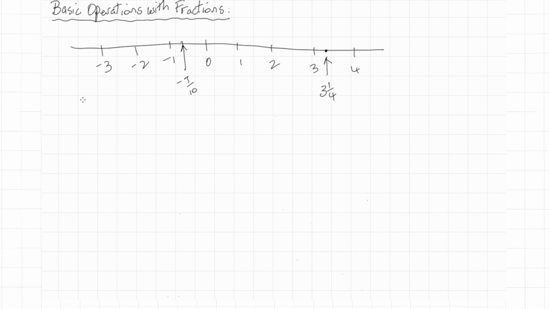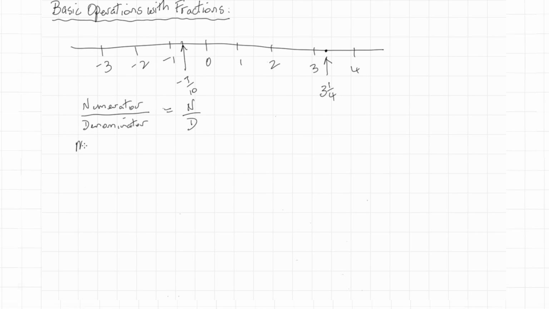When we talk about fractions, we've got a numerator over a denominator, and I'm going to abbreviate that with a capital N over a capital D. So the numerator is the number on the top, the denominator is the one on the bottom.